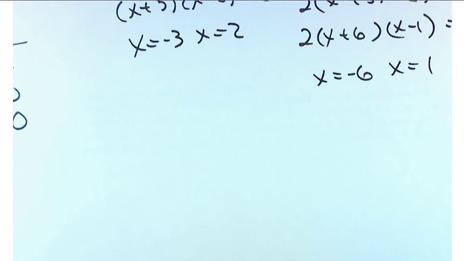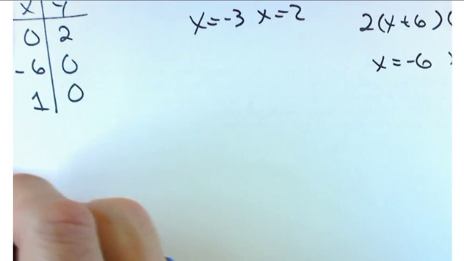So problem 70 looks like this. x squared plus 2x over x minus 1.